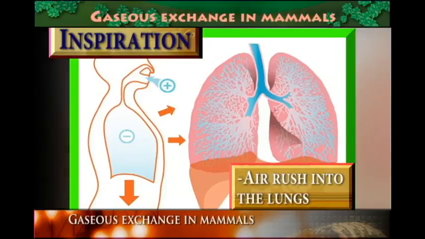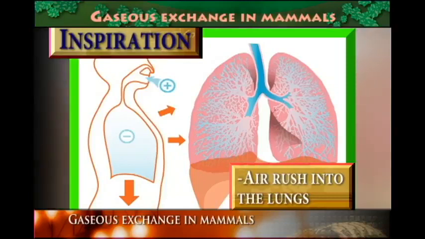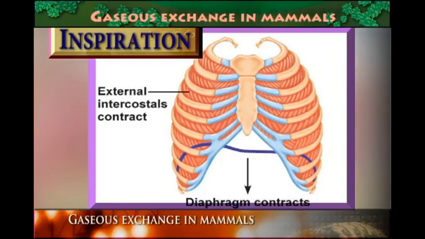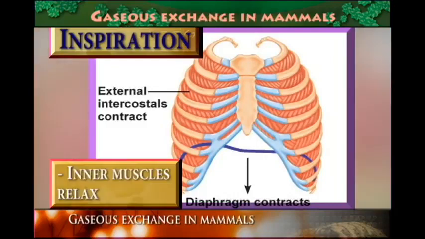We are saying that the process of inspiration takes place when the external intercostal muscles of the ribs contract, and the inner muscles relax.